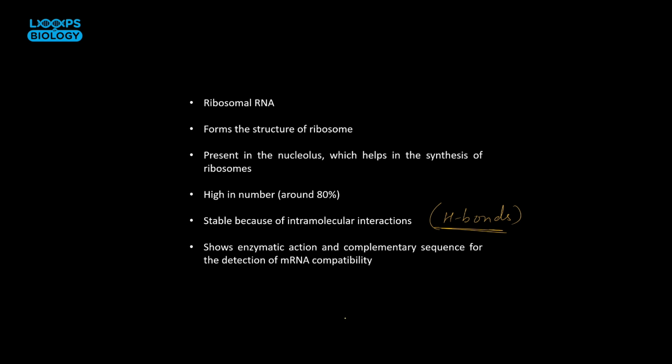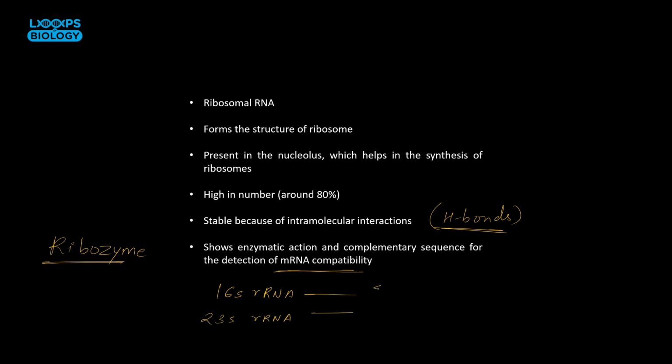All right. This RNA shows enzymatic action, which is called ribozyme. The enzyme that is in the form of RNA and not in the form of protein is called ribozyme, and this RNA is helpful for the detection of mRNA compatibility, through the 16S rRNA sequence and 23S rRNA sequence.